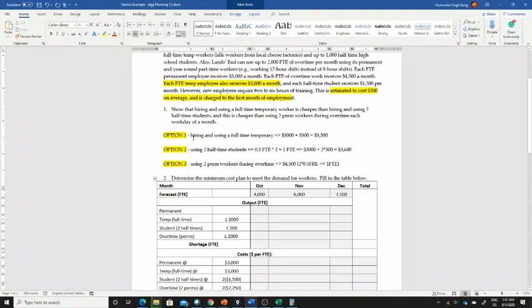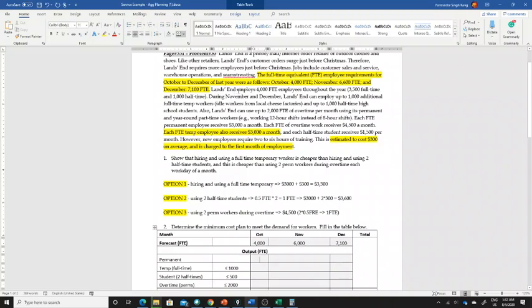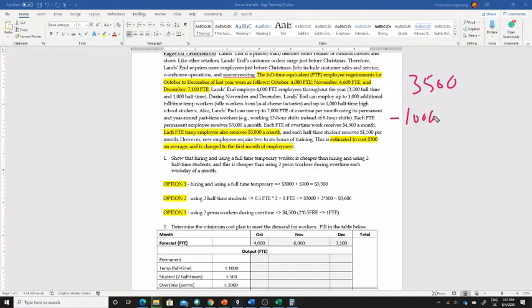We know that we need to start with the permanent workforce. So I have 4,000 FTE employees throughout the year, right? We have 3,500 full-time and 1,000 half-time. So if you interpret this information, we have 3,500 full-time employees, so 3,500 full-time equivalent. Then I have 1,000 which are 0.5 FTE, so from here I get 500, right?